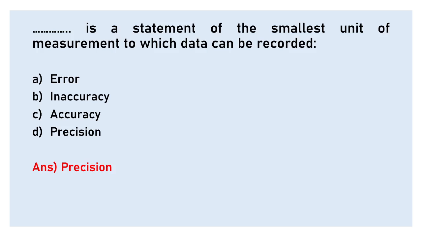The answer is precision. Okay, that is the smallest unit to which a measurement can be made, but it need not be very correct because of some systematic errors with the data collection or something like that.